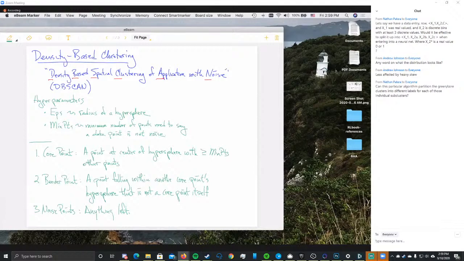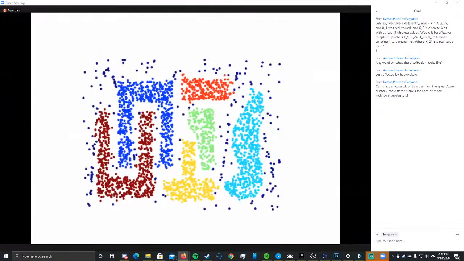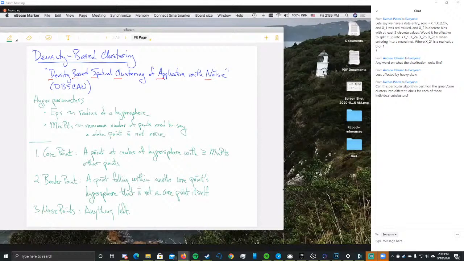If you actually have horseshoes like this, they will get different labels. But the thing that gets a little bit tricky here is, depending on how you search those data points, it is possible that one of those horseshoes could be split into 2 clusters, because you're effectively growing the clusters. Okay, I see. That makes sense. Thank you.